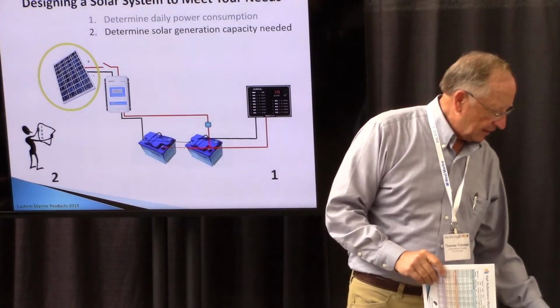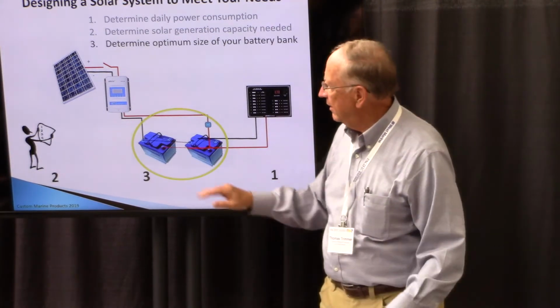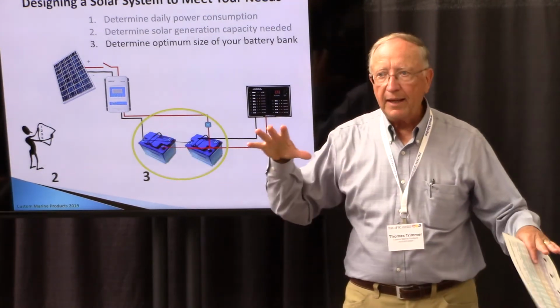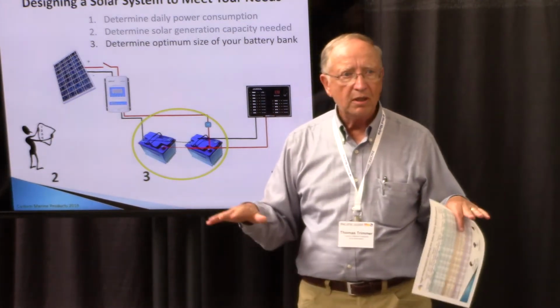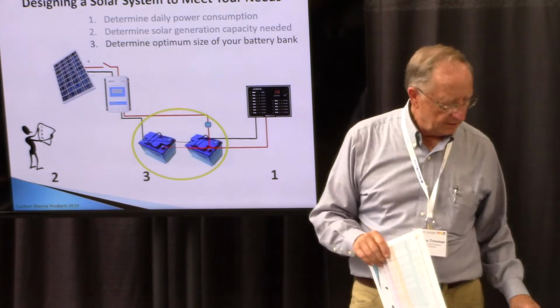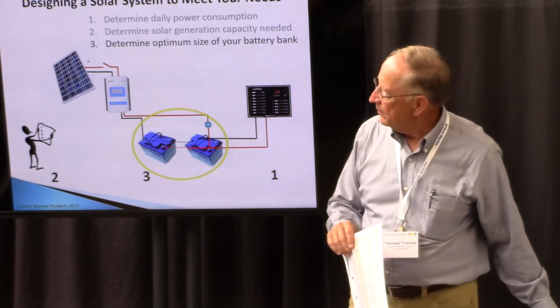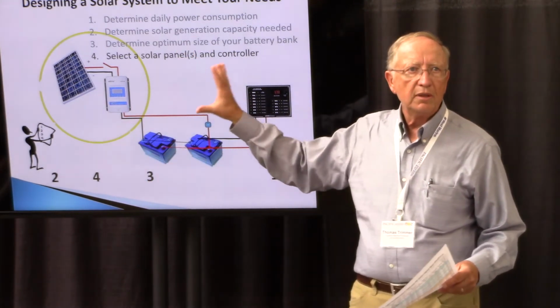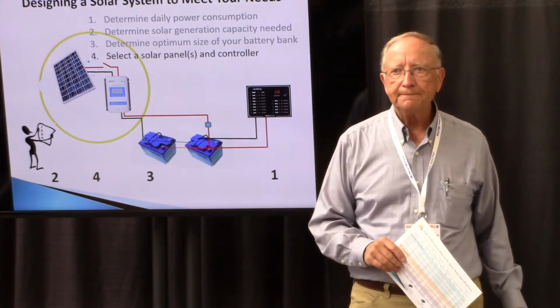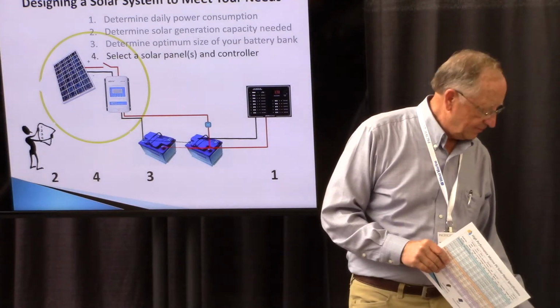And once I know how much solar I need, then I can look at my battery bank and say, is this the right size? Do I need more power? Do I have too much power? What do I need to do with my battery bank? So I have a complete balanced system. And then finally, we can take a look at our panels and our controllers and match it all up with what our needs are. Okay? Does that make sense?